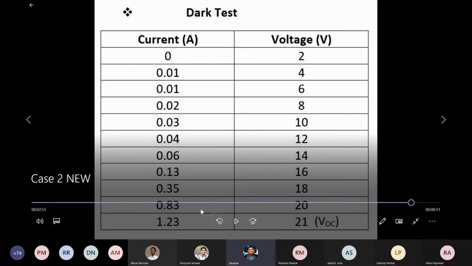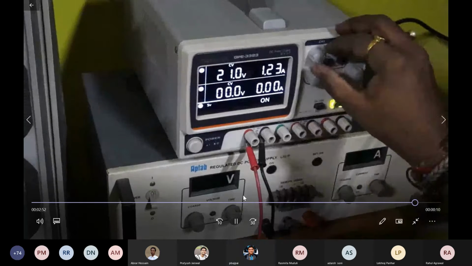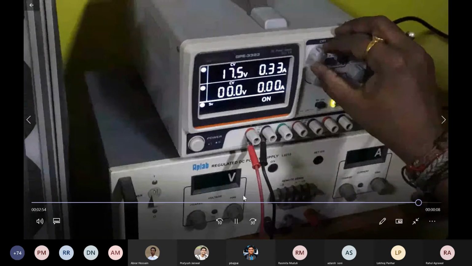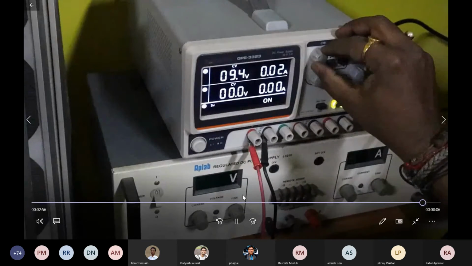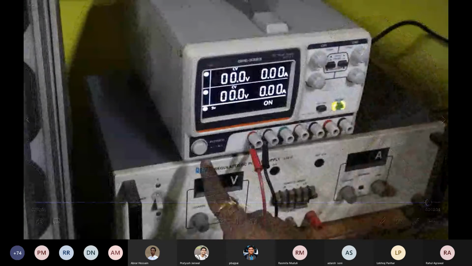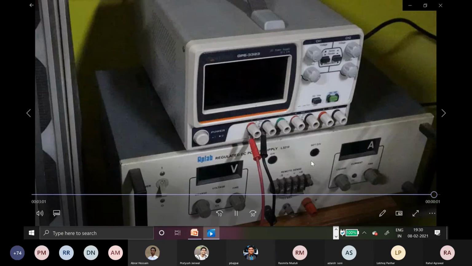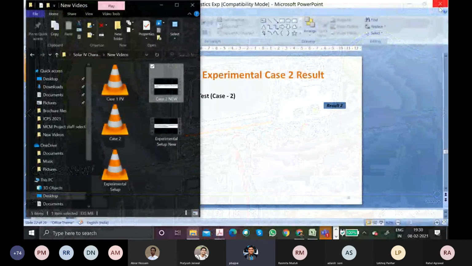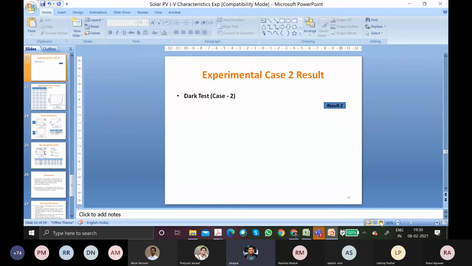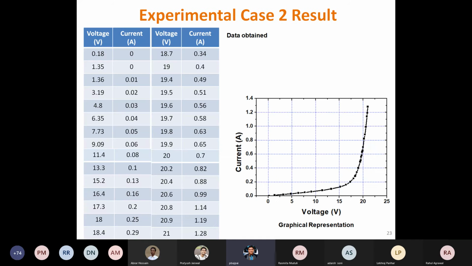So this is the table for the dark test which we have measured in this case. Now, when we plot it, it will look like a diode curve. So that was the dark test, and this is the result of the dark test, and the curve looks like a diode curve. Okay.